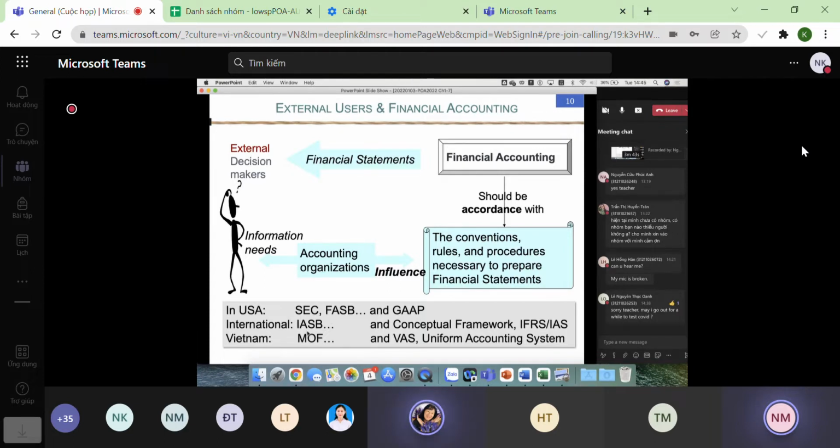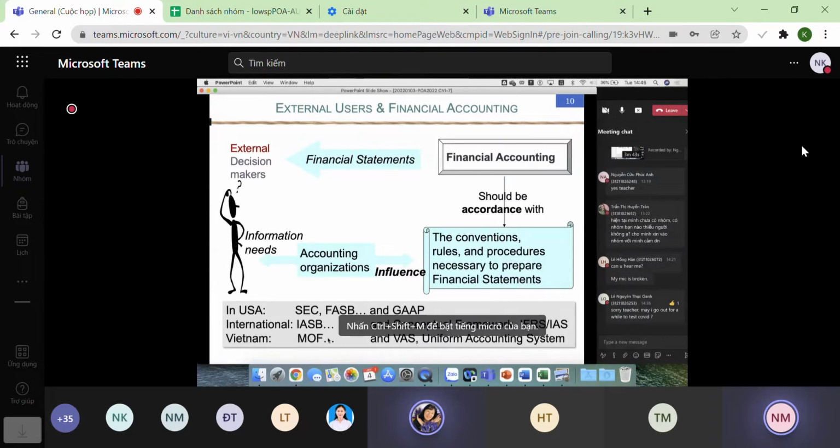Internationally, we have the organization called IASB, the International Accounting Standards Board. This organization sets up the Conceptual Framework and IFRS for companies to base on to prepare financial statements. In Vietnam, the Ministry of Finance plays that role.